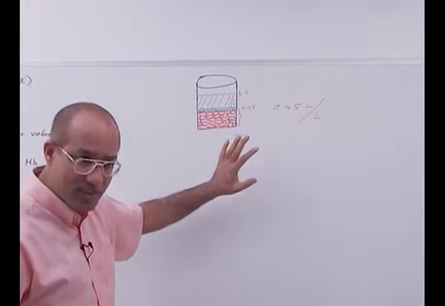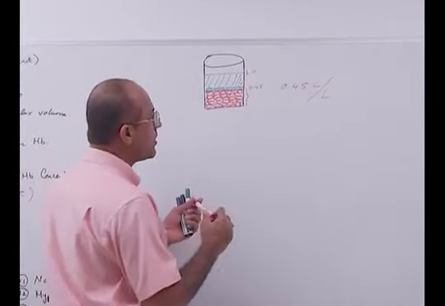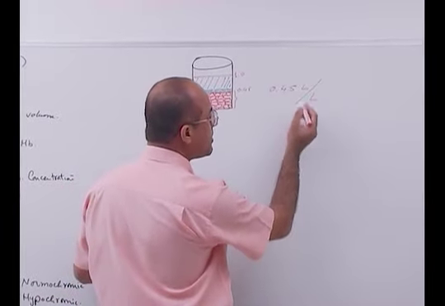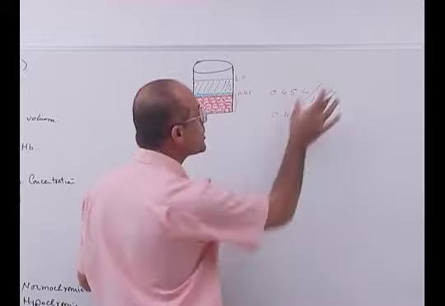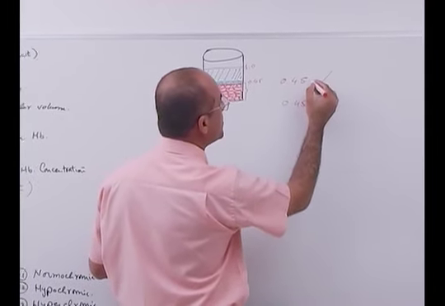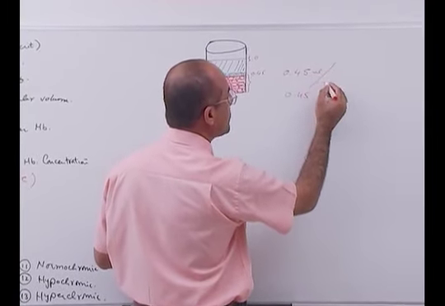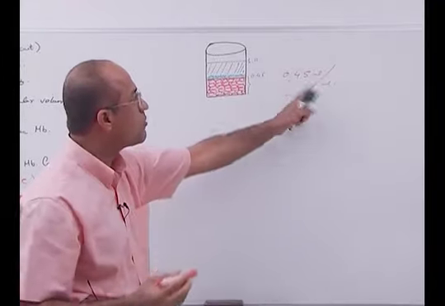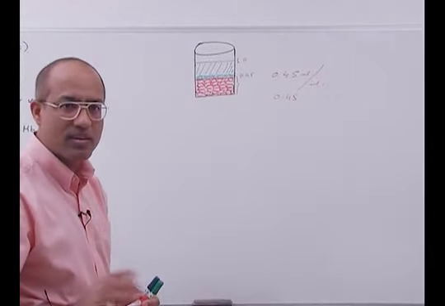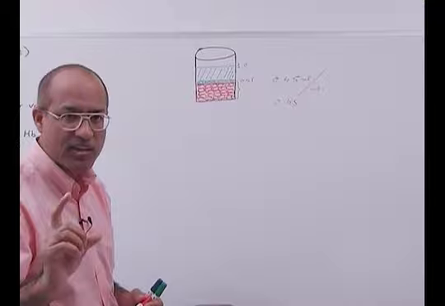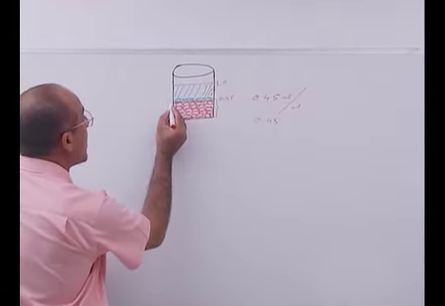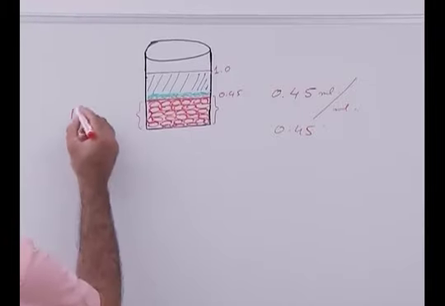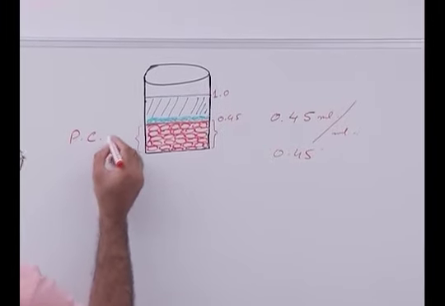Is that right? Now, this is 0.45, simply liter by liter, or we simply say 0.45. Even if it is 1 ml, then you will say ml by ml. That in 1 ml, 0.45 ml is the volume occupied by the red blood cells when they are packed together. So this volume is called packed cell volume.